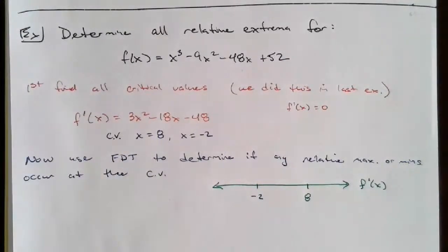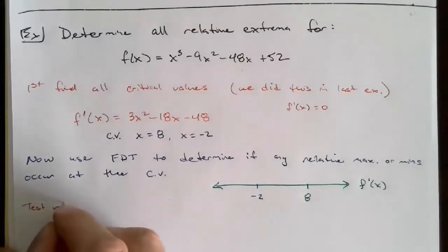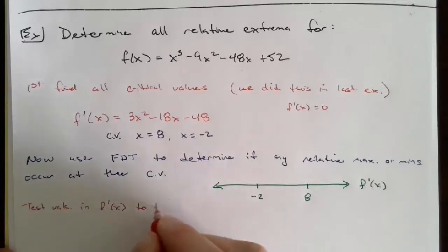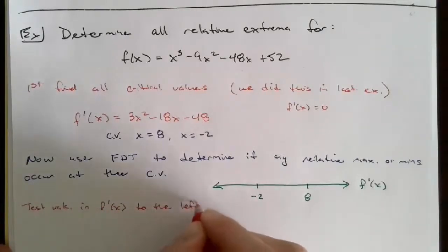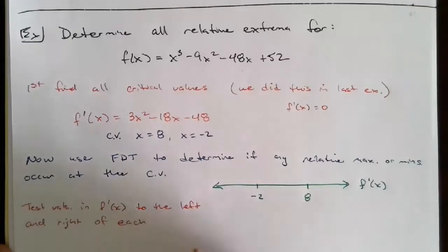And what we're going to do is, you really want to test values to the left and right of each point, right? So we're going to test values in f prime of x to the left and right of each critical value.